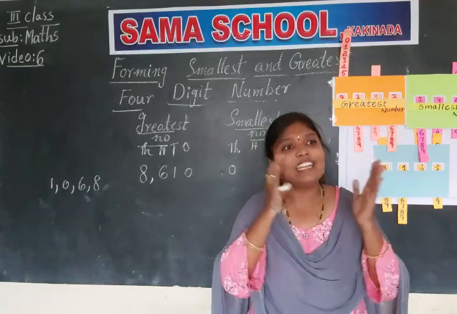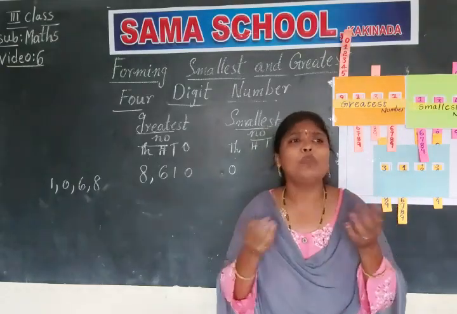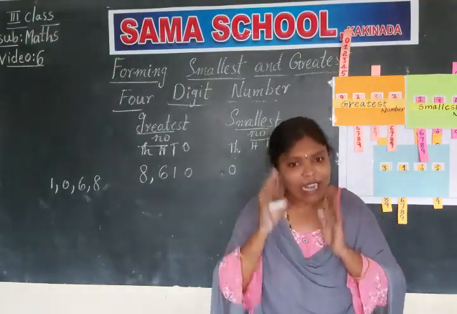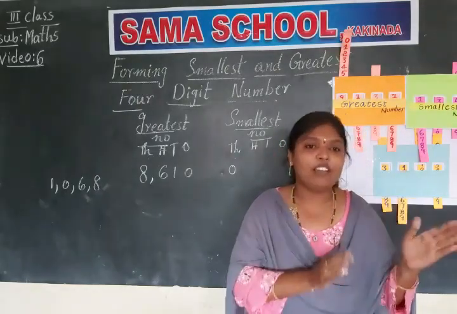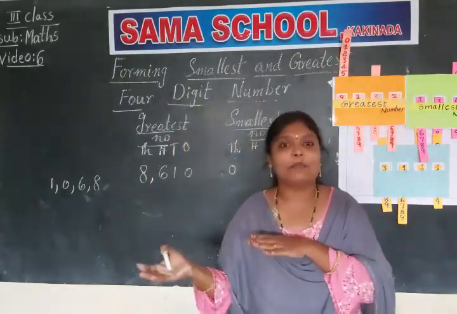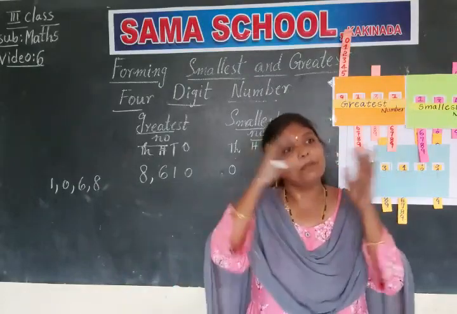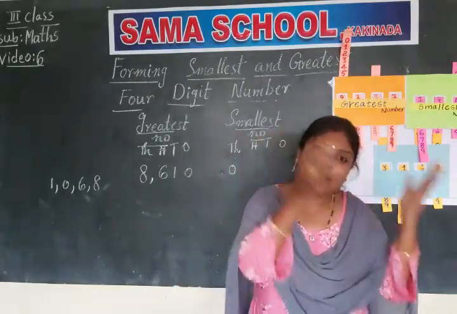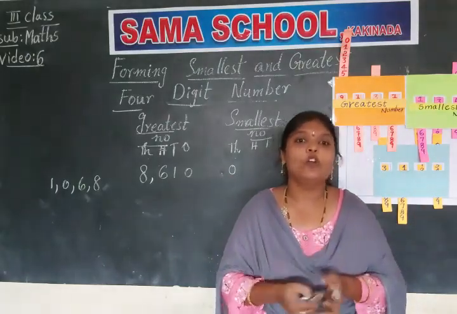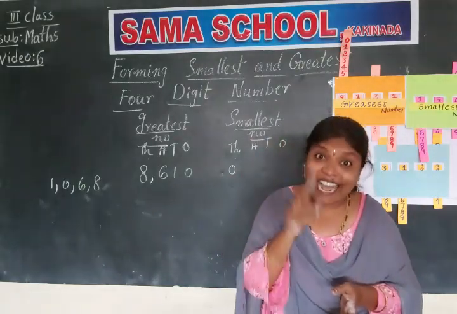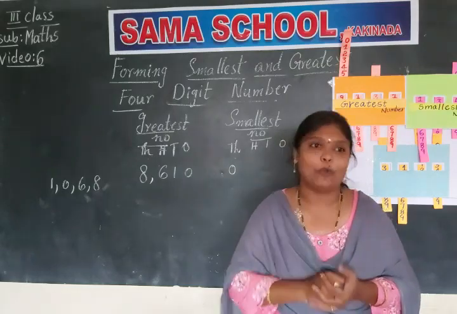Because if we write 0 before, there is no value. If we write 0 after the number, then the value of the number increases. But if we place 0 before the number, there is no value for 0. So we should not start any number with 0.